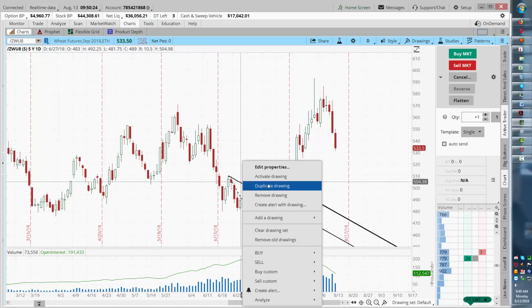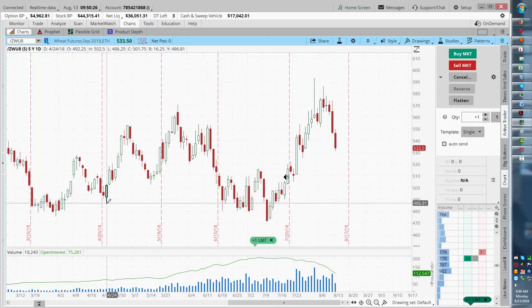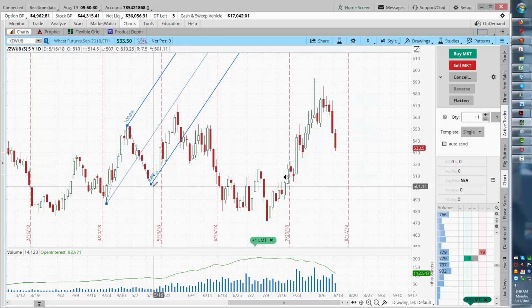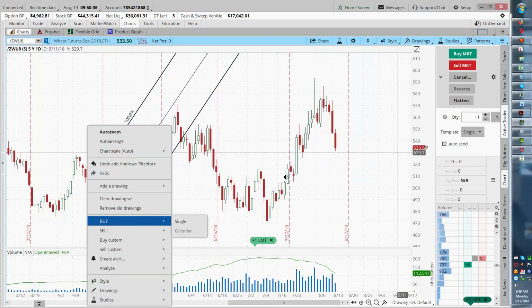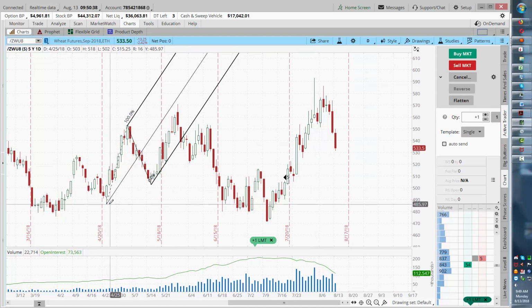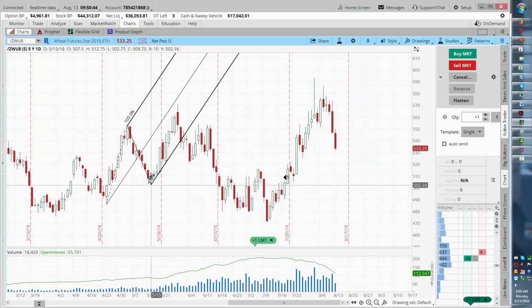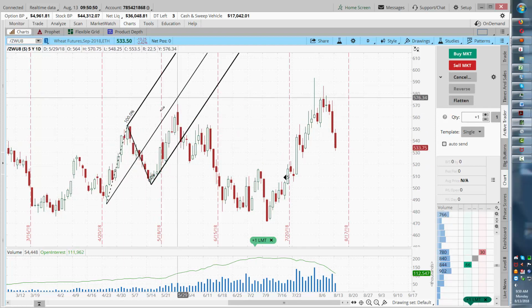Now, here's what's interesting about this. Let's get rid of this drawing first. If you draw a pitchfork, good old Andrew's pitchfork, and by the way, he was a good friend of mine, you draw it using 3 points, low, high, low, for example, and let's call these points A, B, C. You find the midpoint of BC and draw a line from A through the midpoint of BC, and you get your median line.